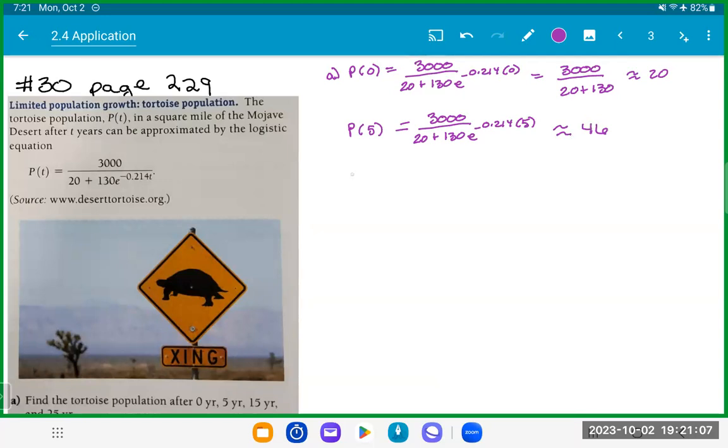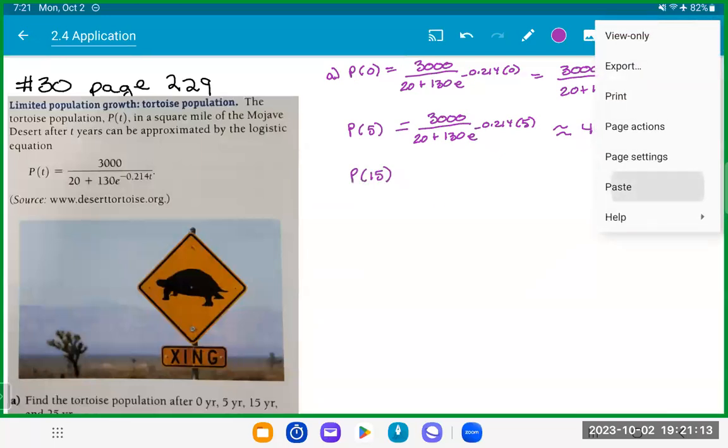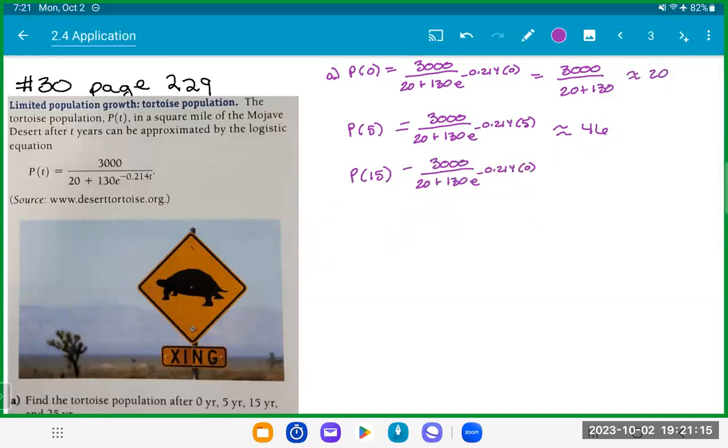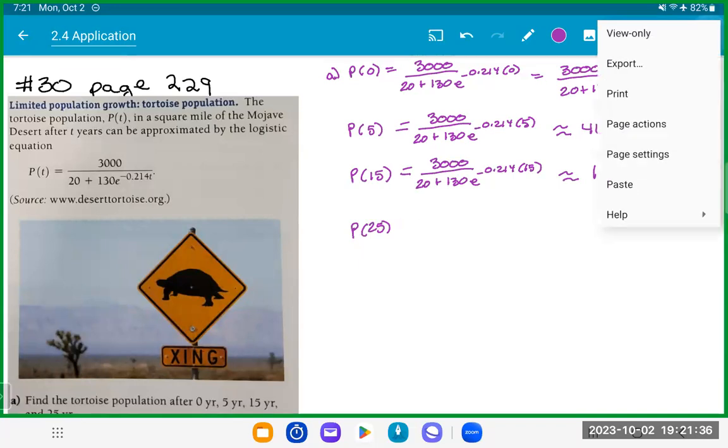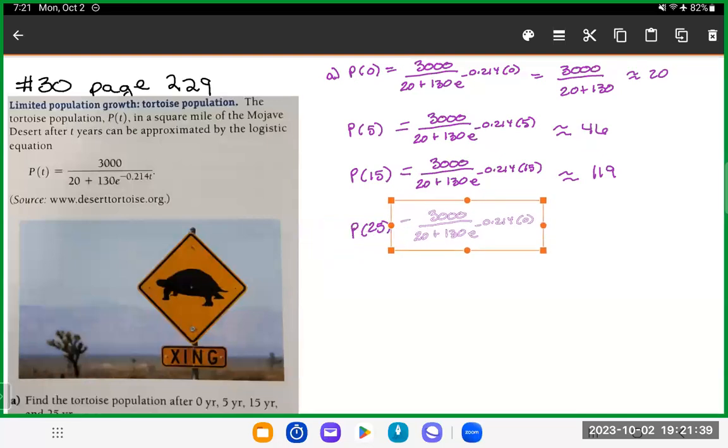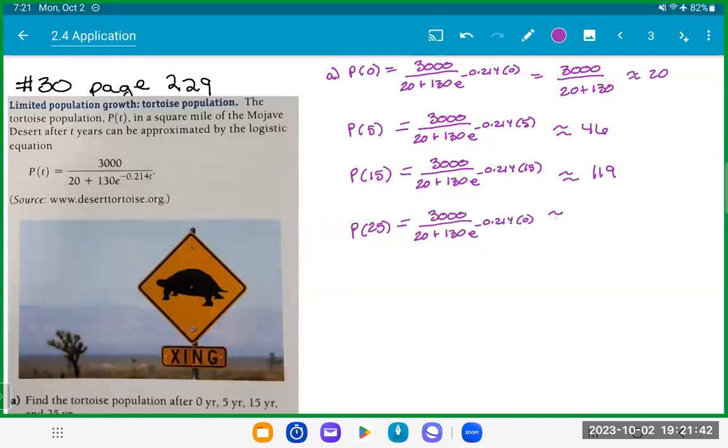Okay. We do it again for 15 years. After 15 years, that's going to give us approximately 119 tortoises. Then after 25 years, we're going to have approximately 146 tortoises.